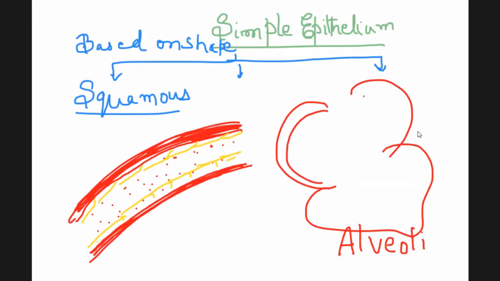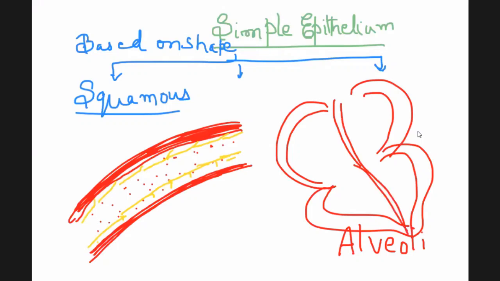This is the heart. These are the 4 chambers. And here is the blood. And this is the wall of the heart. In this wall, the inner surface, which is in contact with the blood, is called endothelium. No doubt it is epithelium.